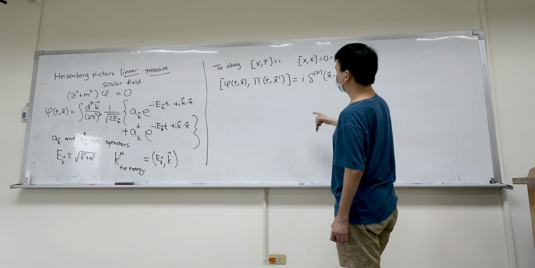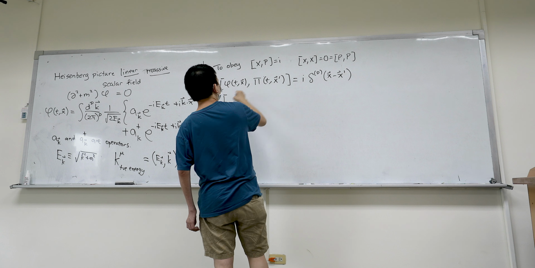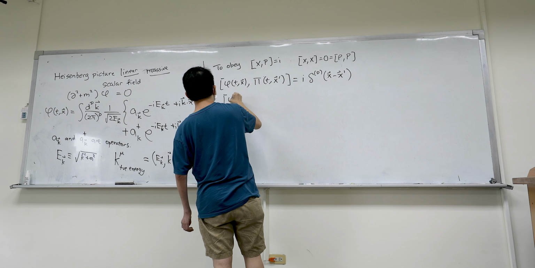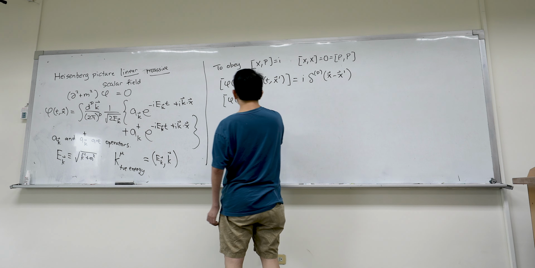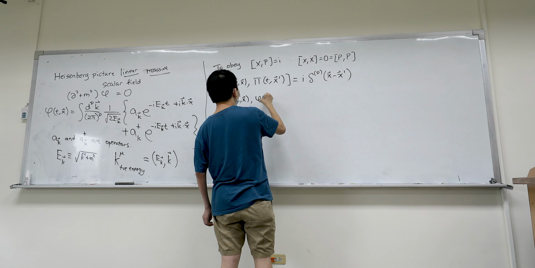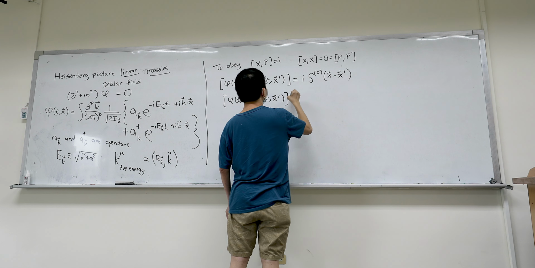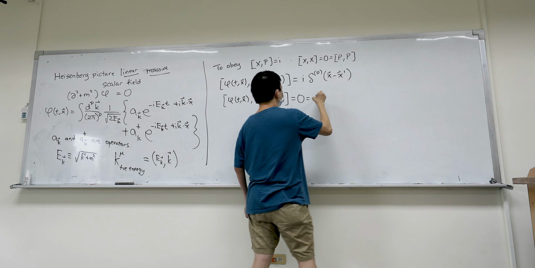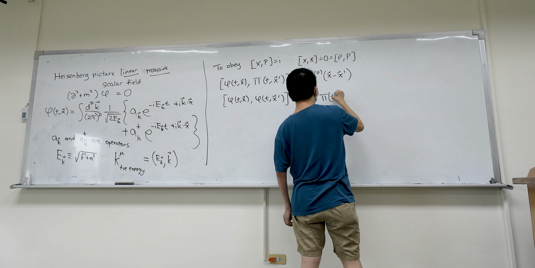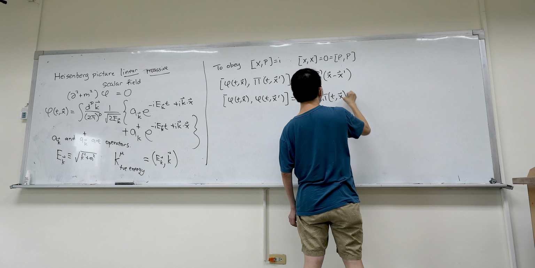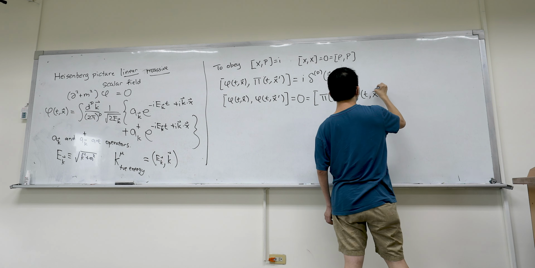So to obey this guy, as well as the xx guys, which are phi of x and phi of x prime, both at t, and the pp guy, which is pi of t of x and pi of t of x prime.